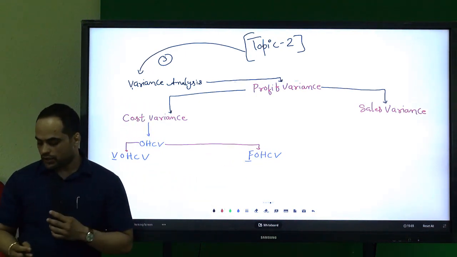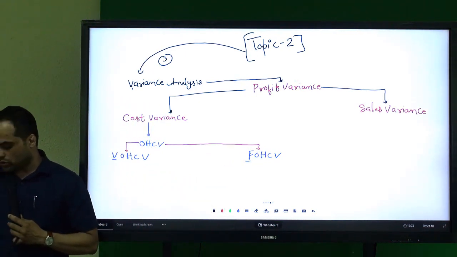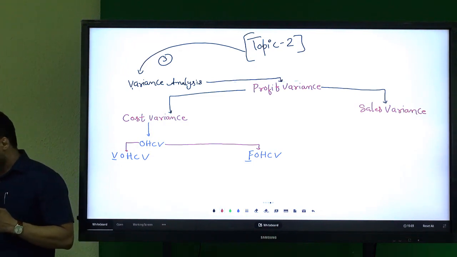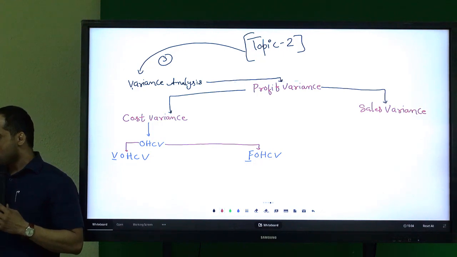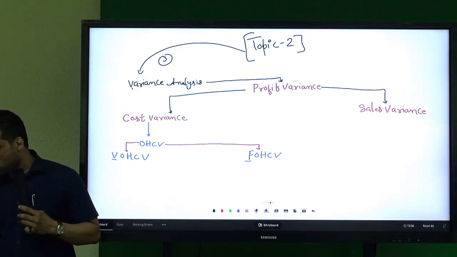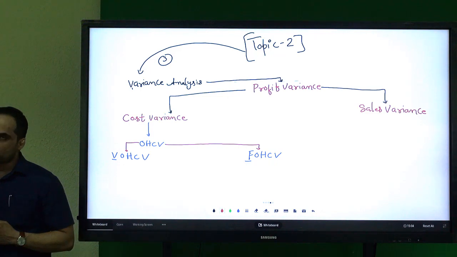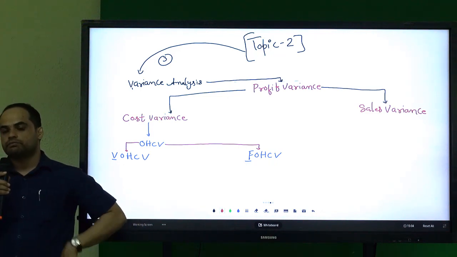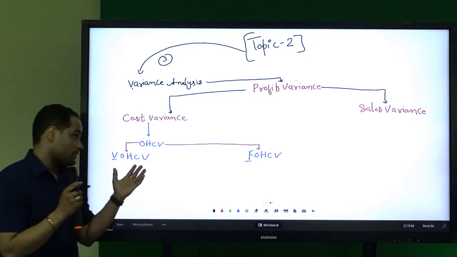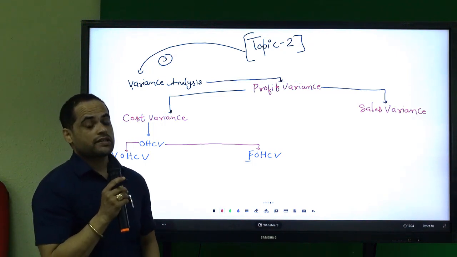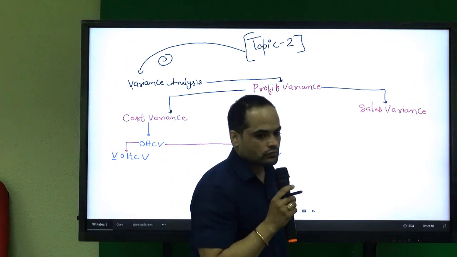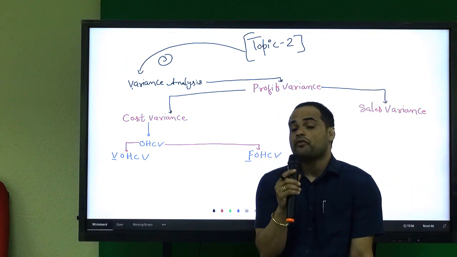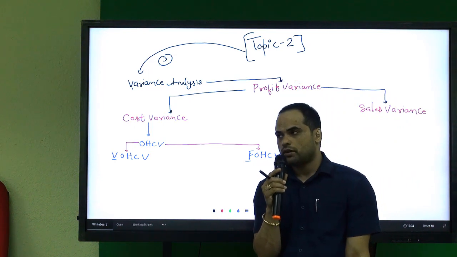Let's start with the variable overhead cost variance. Before estimating it, we need to understand what variable overheads are. They are any kind of indirect manufacturing cost in the form of variable cost.